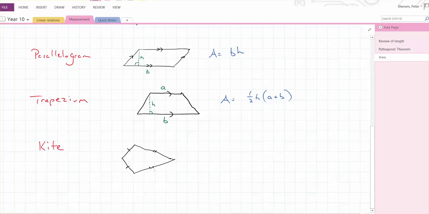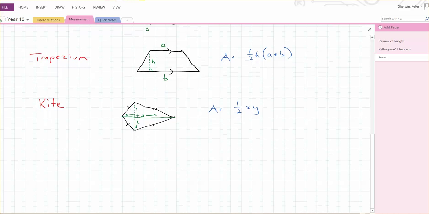There's a rough looking kite. Now for a kite, just like the rhombus, we need to know these lengths. So we need that diagonal there, which I'm going to call x, and we need to know that diagonal there, which is going to be called y, which is all the way along, and our area of the kite, just like the rhombus, will be a half xy.